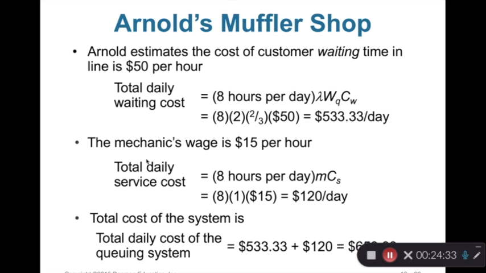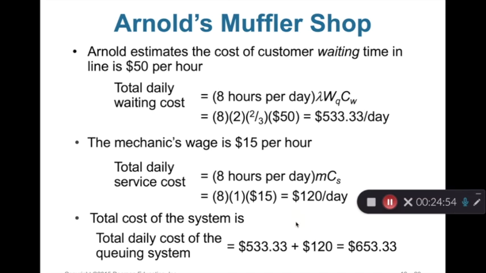And also we will look at the service cost, the total service cost: 8 hours per day times M times CS. We know the mechanic's wage is $15 per hour, and then we can calculate the total daily service cost, $120. And then you can add them up and get the total cost for the system. Here again, you can try different numbers of channels to see which one is optimal, like what we did before.